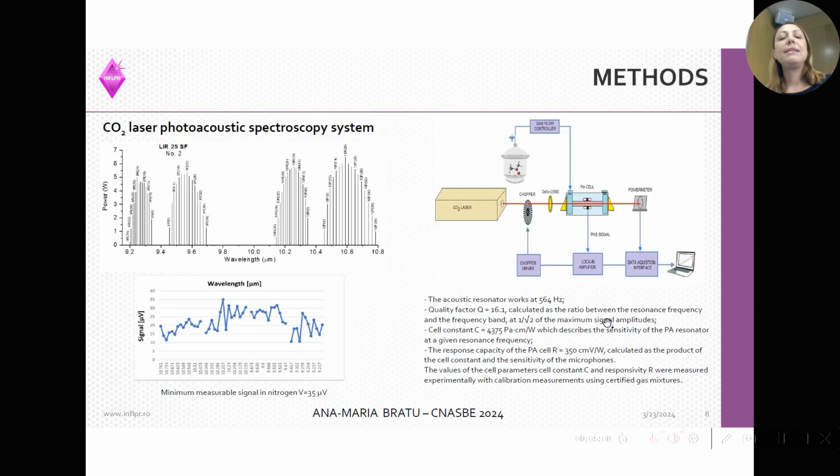For benzene, toluene, acetone, and ethylene glycol, we use a CO2 laser photoacoustic spectroscopy system.